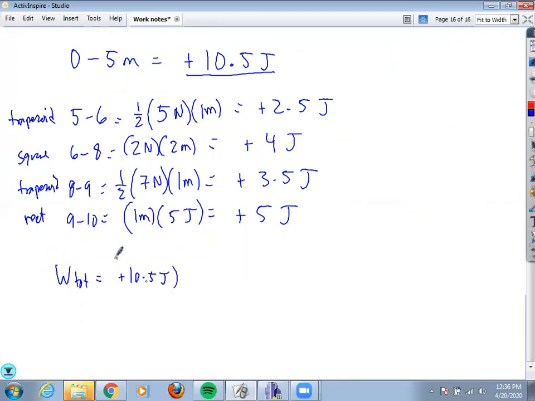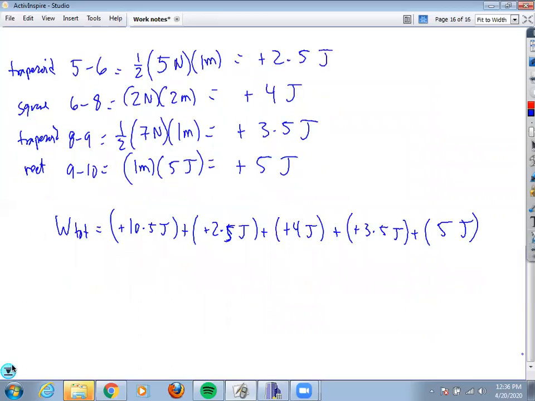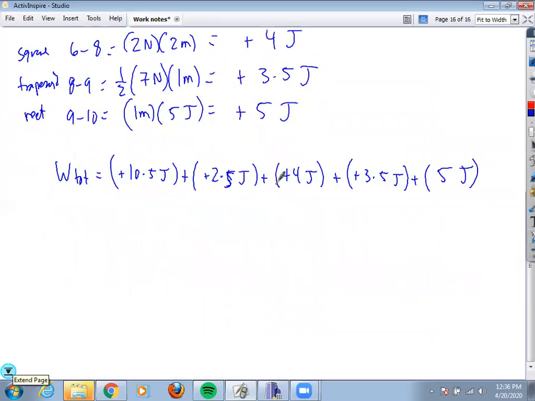10.5 joules plus 2.5 joules plus 4 joules plus 3.5 joules plus 5 joules. Add all that up. The work is all positive. That's why I emphasize with the extra pluses inside. And we can get our answer.